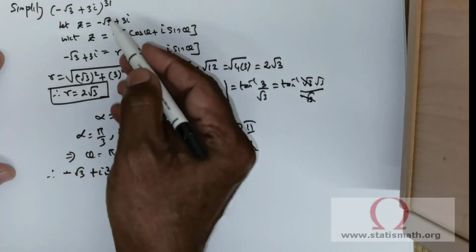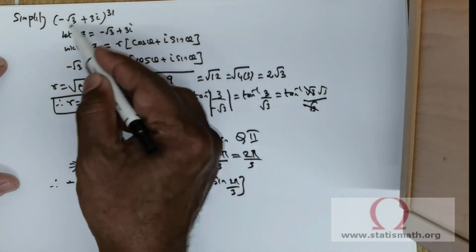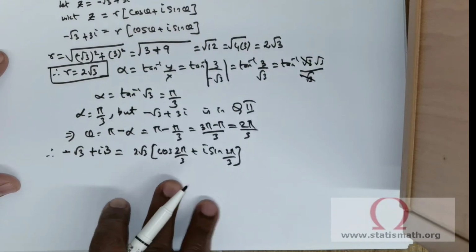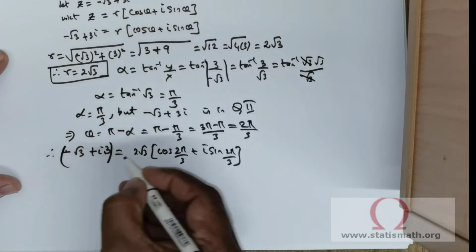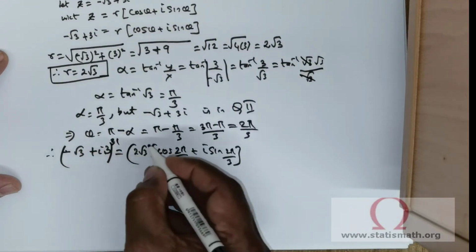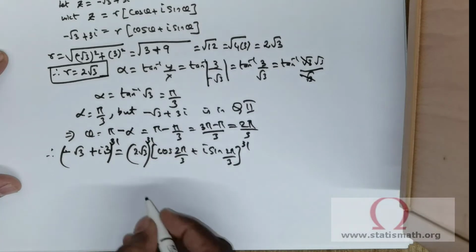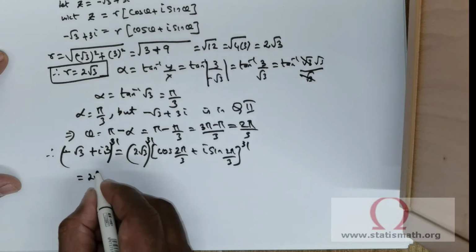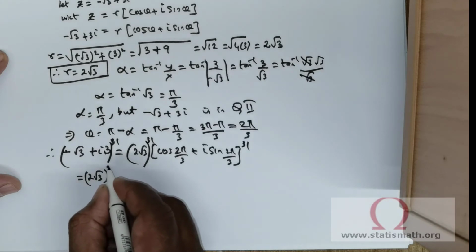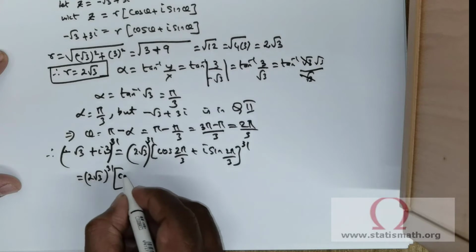We are expected to find the quantity raised to the power 31. So raising both sides to the power of 31, this is equal to 2 times root 3 raised to the power 31 times cos.